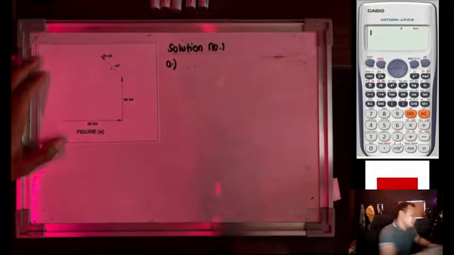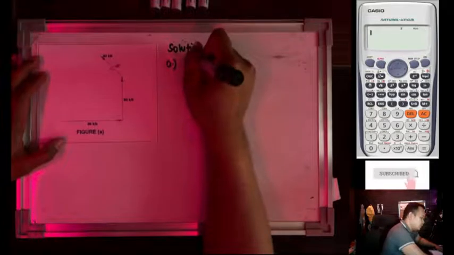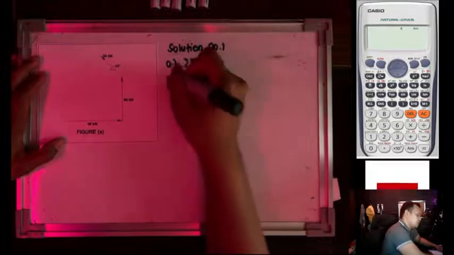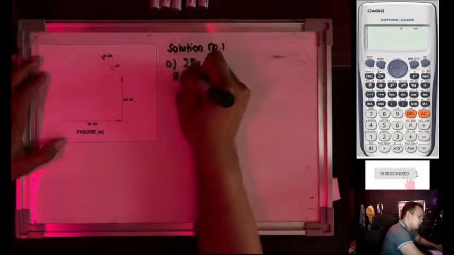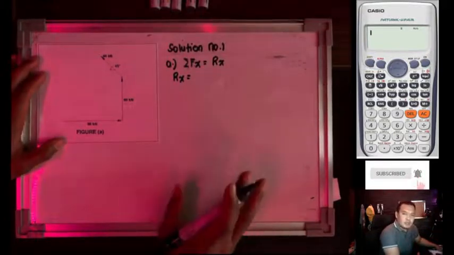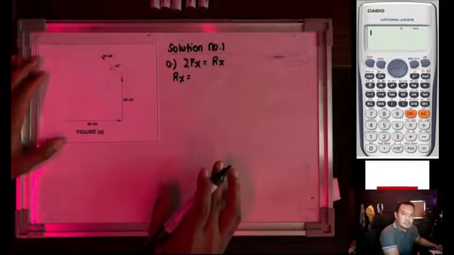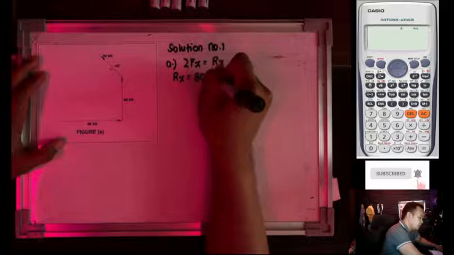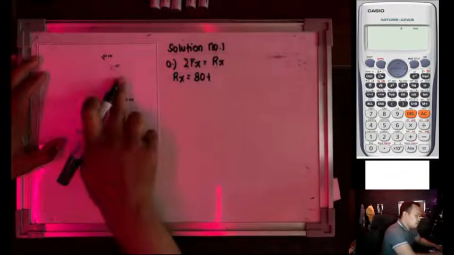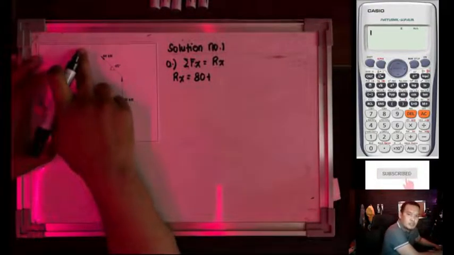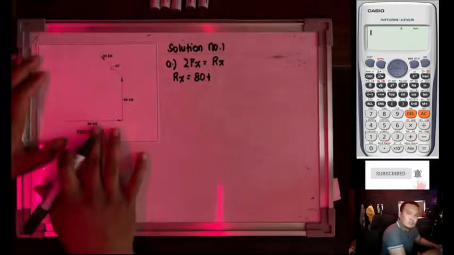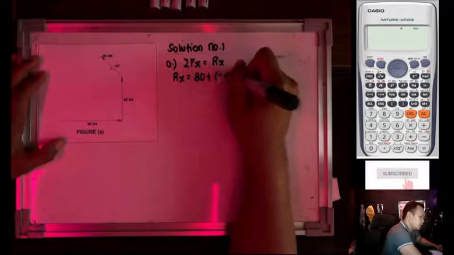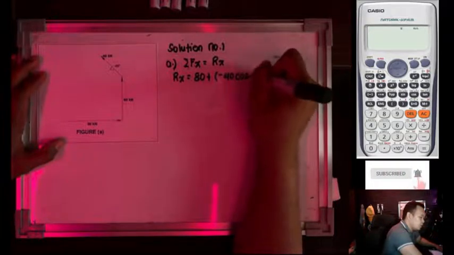So summation of forces x is equivalent to Rx. So Rx is equivalent to everything along the x-axis. So we have here 80 plus this one, since it is in the opposite direction, it becomes negative. So, minus 40 cosine 45.